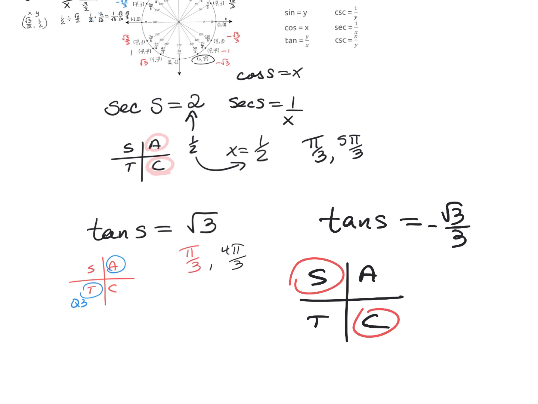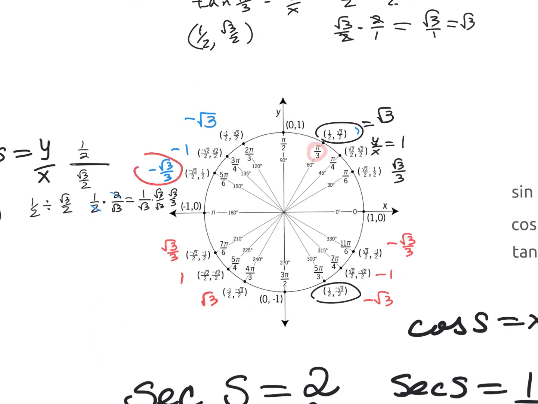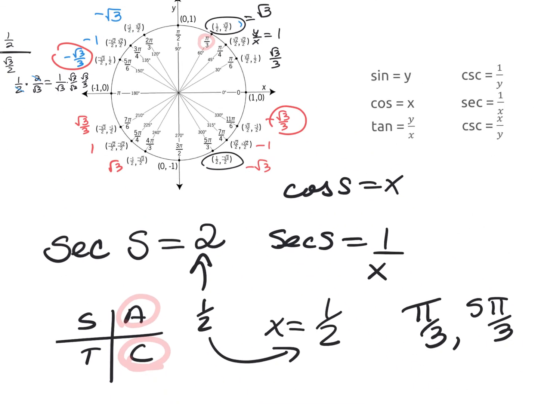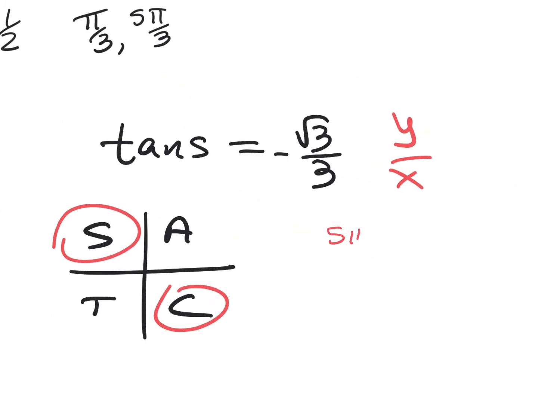So again, if you've already divided the y by x, I'm going to go look on all these little numbers I wrote along the edge, right here and right here. So my two answers here are going to be 5 pi over 6 and 11 pi over 6. Those will be the two angles when tangent is equal to negative root 3 over 3.